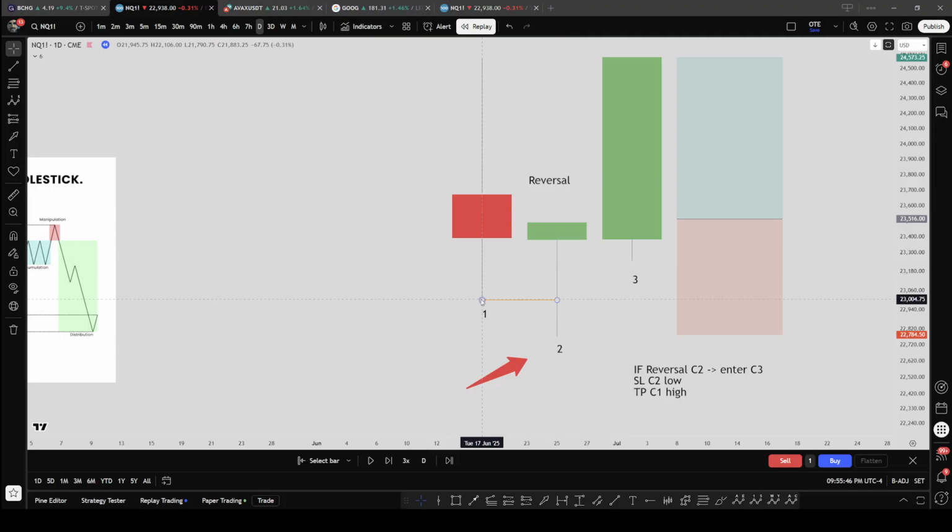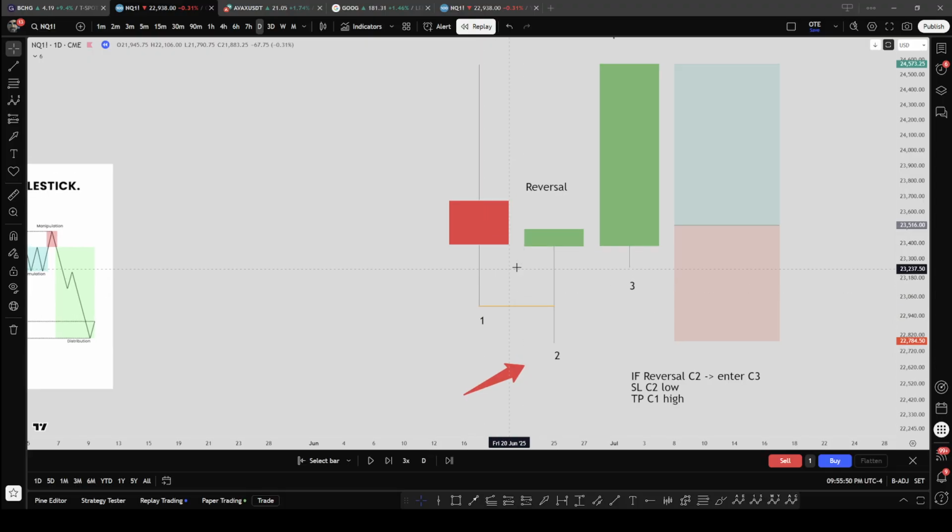If it reaches the bottom of candle 1, and then closes back in range, that's known as a reversal candle. Just think of it as stopping out everybody's stop losses from candle 1, and then springing back up and closing back within range. So this is known as a reversal candle.